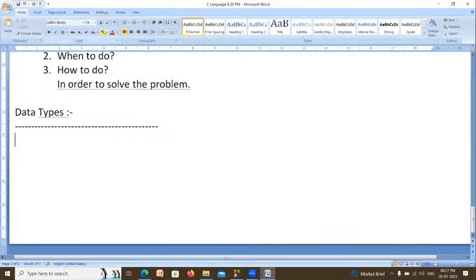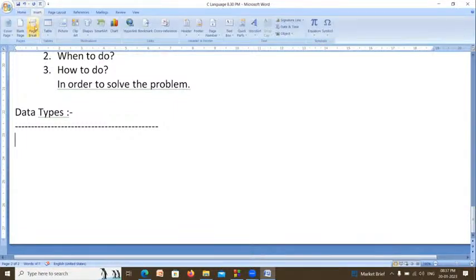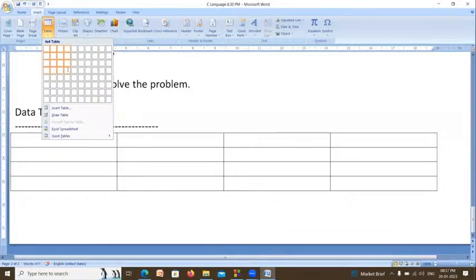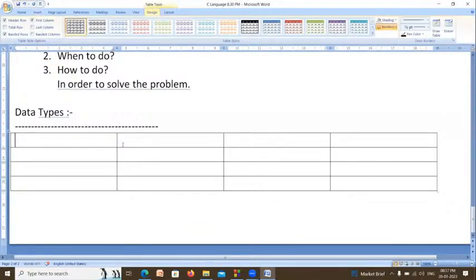Whenever you see a keyboard, there you can see alphabets, digits, and symbols. Those are classified into 4 types. Those are called data types. Now I will explain the data types.